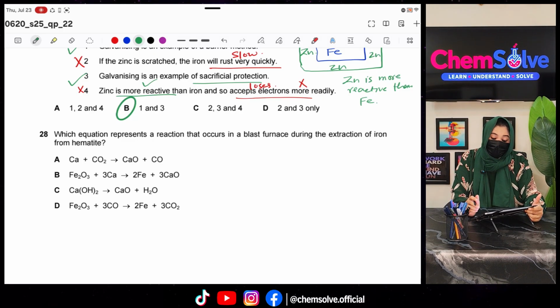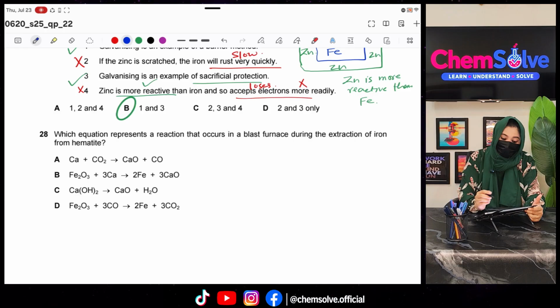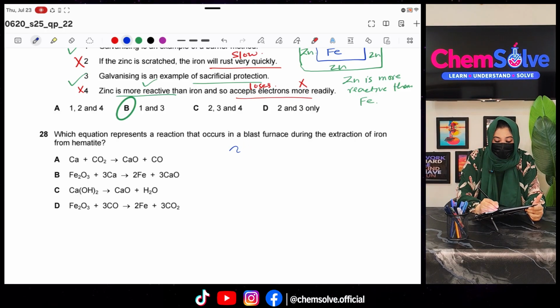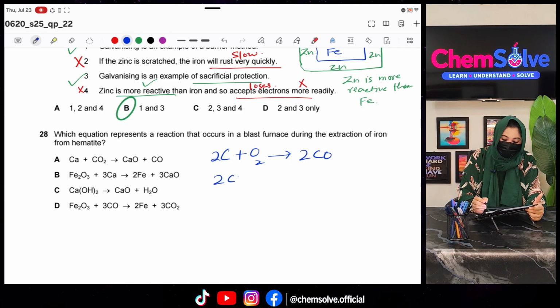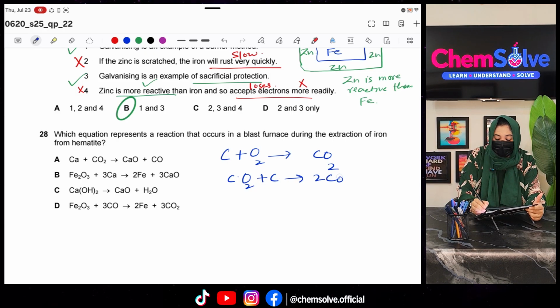Which equation represents the reaction that occurs in the blast furnace during the extraction of iron from hematite? Okay, so let's recall what is happening inside the blast furnace. Basically, carbon reacts with oxygen and it forms carbon monoxide. Then it forms carbon dioxide, then this carbon dioxide reacts with more carbon and forms carbon monoxide.